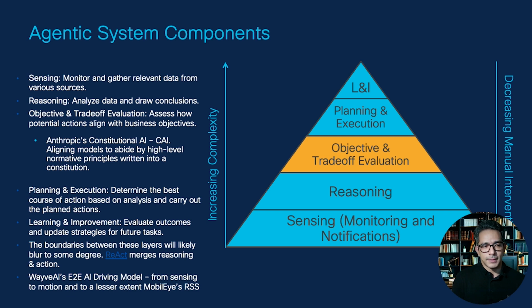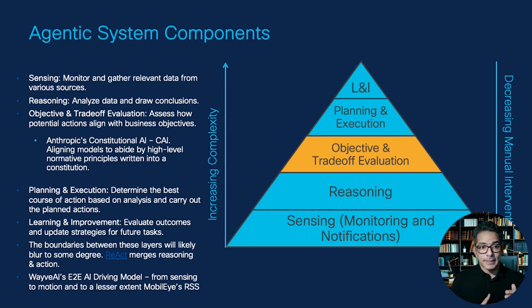And one good example of it is Anthropic's Constitutional AI, which aligns the models to abide by high-level normative principles written into a constitution. Then planning and execution: determine the best course of action based on the analysis that you've done and carry out the planned actions. And learning and improvement: evaluate the outcomes and update the strategies you've either assessed or executed for future tasks.